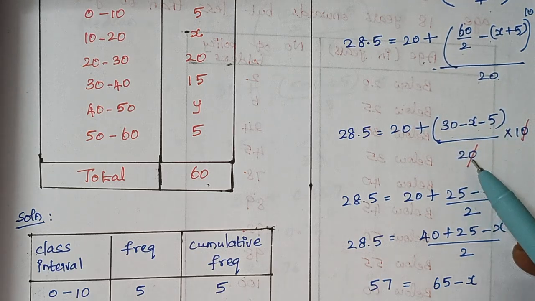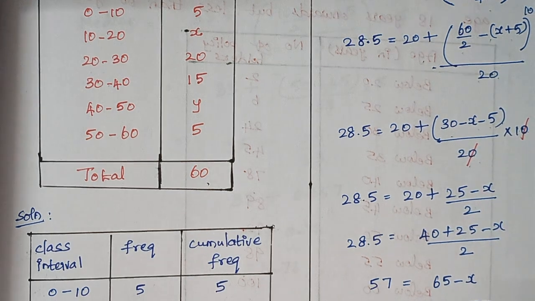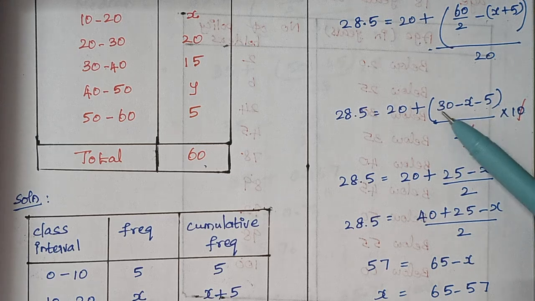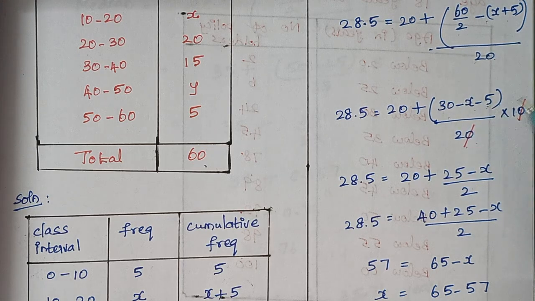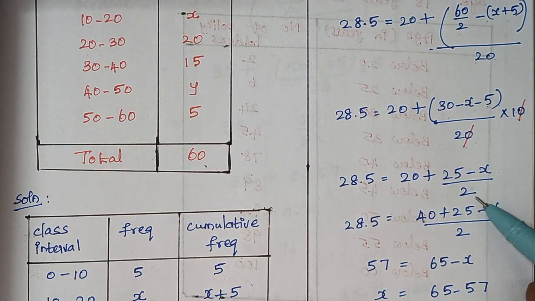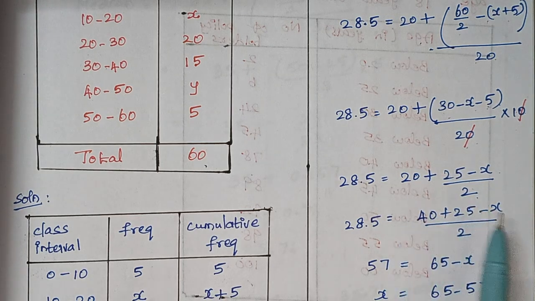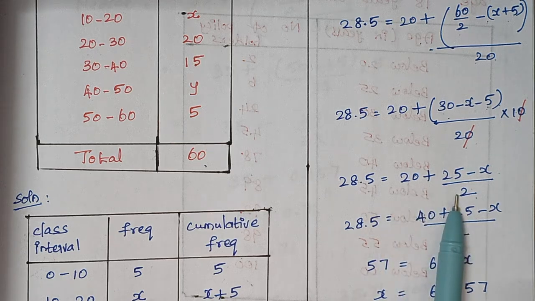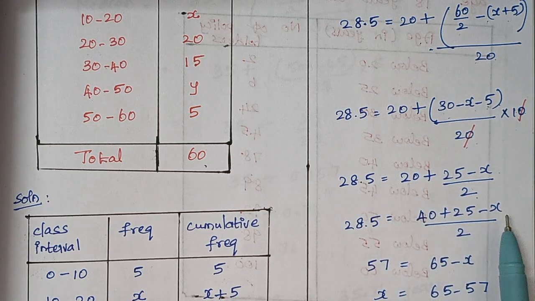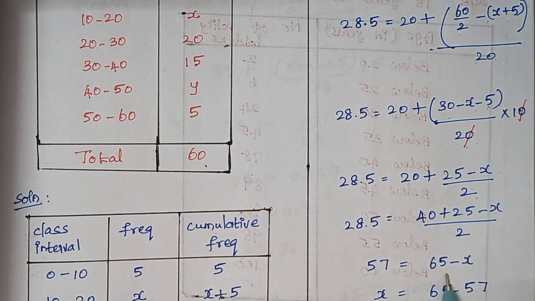So divided by 20 and 10, these two zeros get cancelled. The remaining parameters are 30 minus 5 becomes 25. So 25 minus x by 2. So here I am taking LCM. When you take LCM, 20 into 2 becomes 40. So 40 plus 25 minus x by 2. So 40 plus 25 makes 65.